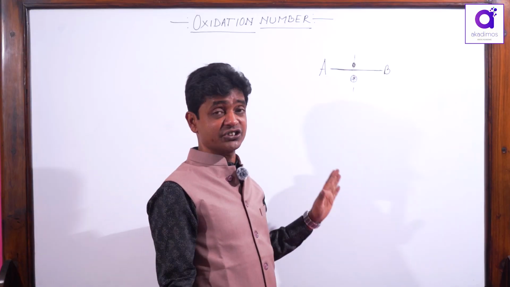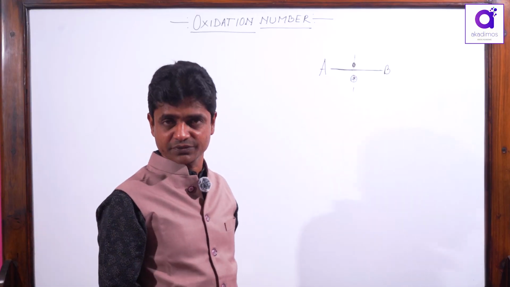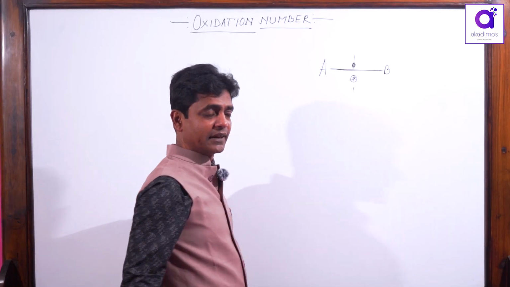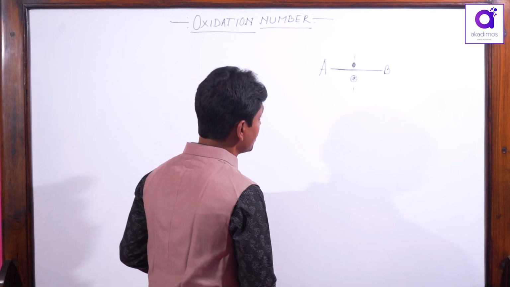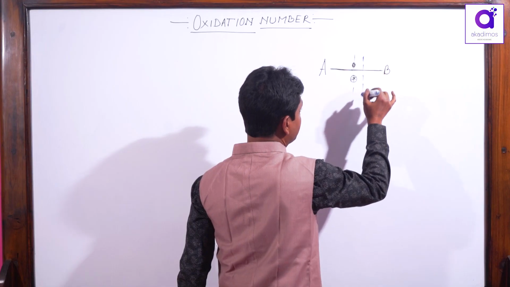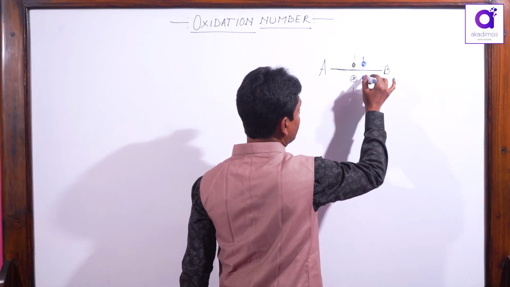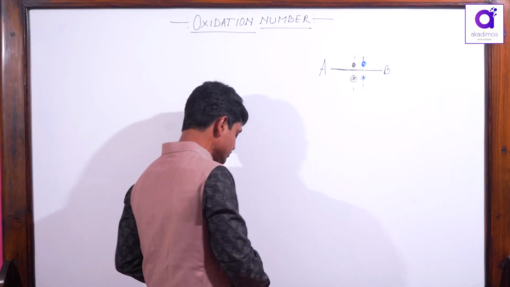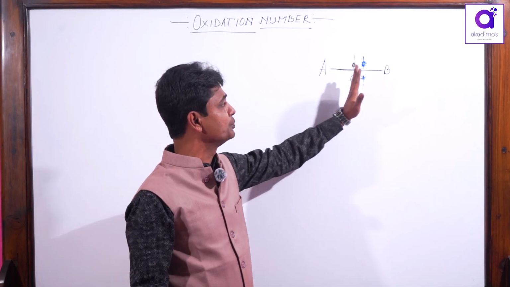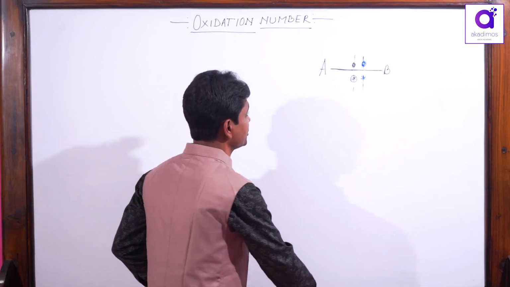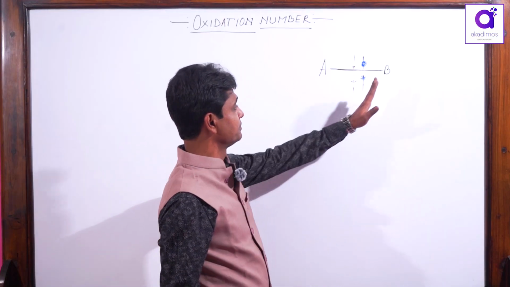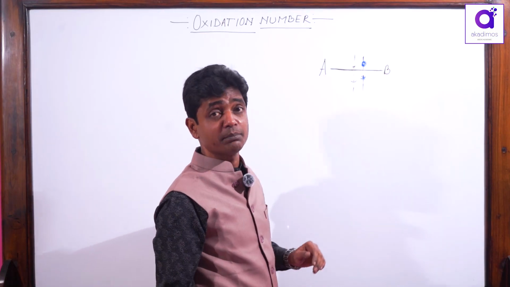This electron pair will never reside just in the middle of the nuclei. If I consider B to be more electronegative than A, then the actual position of the electron pair is polarized from nucleus A towards B. That is the real position. That means B will get partially negative and A will get partially positive.